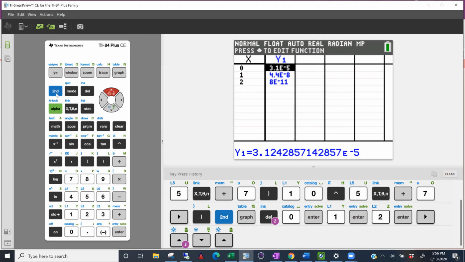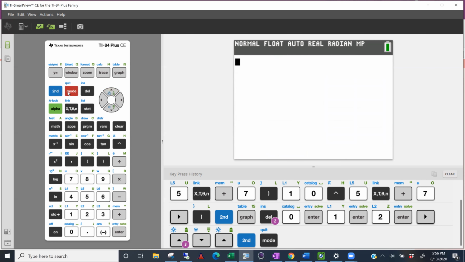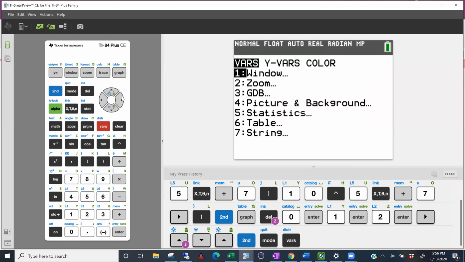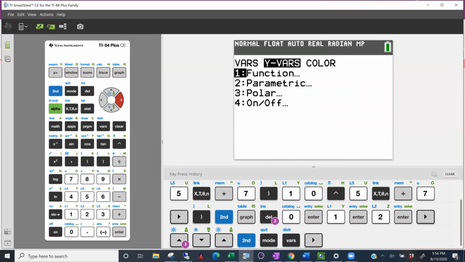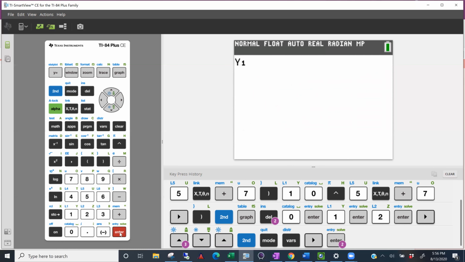So I don't feel like typing all that stuff in and plugging in an x equals 0. So I'm going to cheat. This is a Jeff Parent internet only special. If we hit the vars key and then go over to yvars, let's press enter and then enter again.